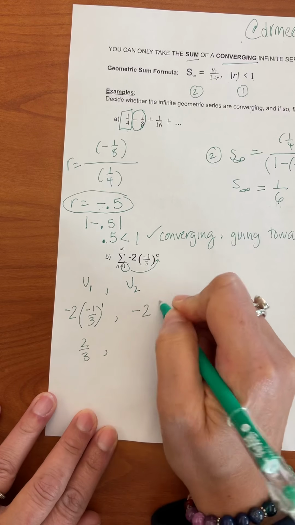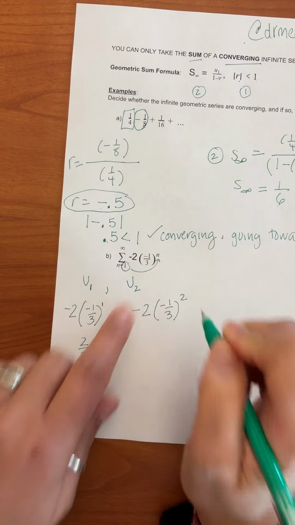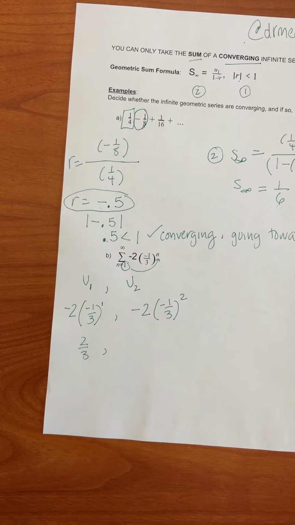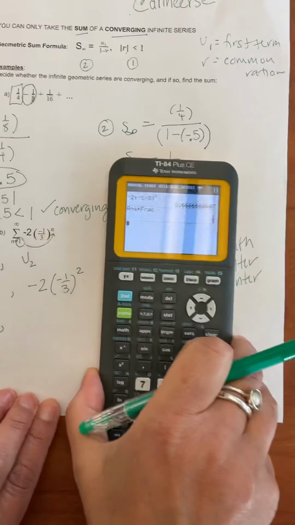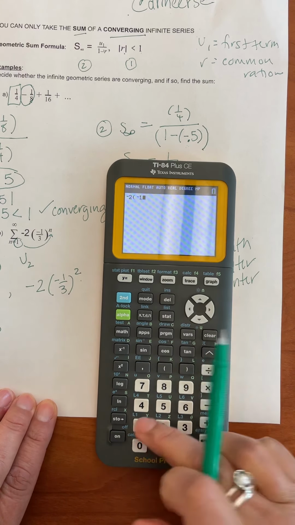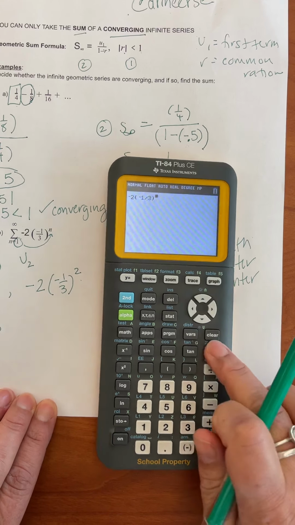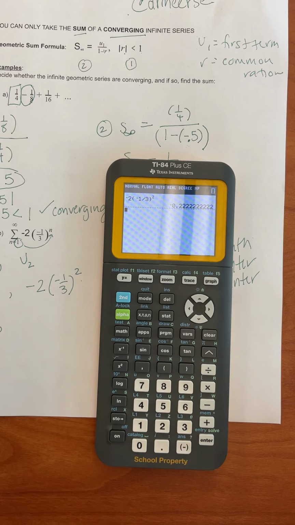We're going to do -2 times -1/3 raised to the second. So you take the next number. After 1, it's 2, so we're going to put 2 in. Then we're going to take our calculator out: -2 times -1/3 raised to the second power. Again, I get a decimal, and I don't want a decimal. I want the exact answer.